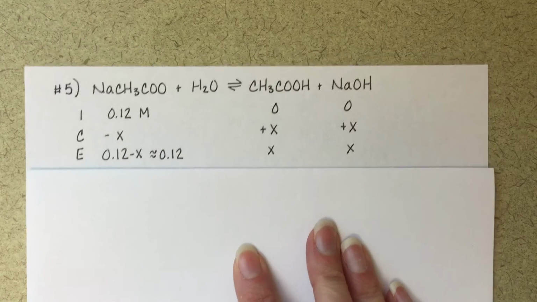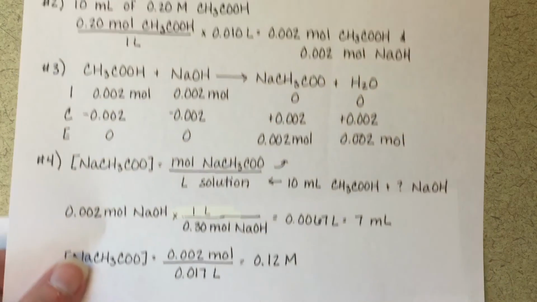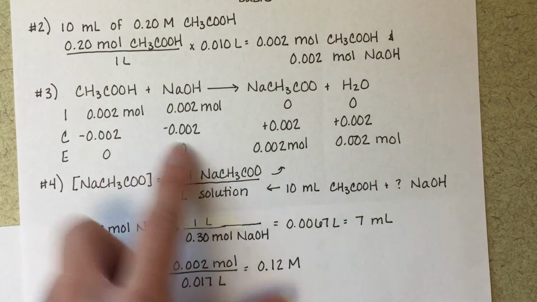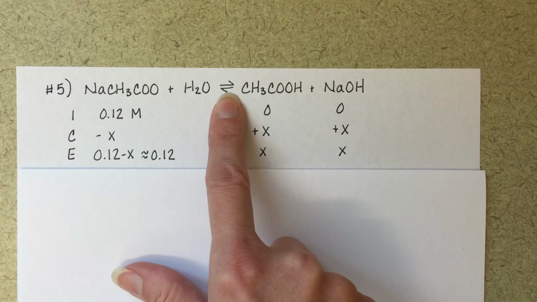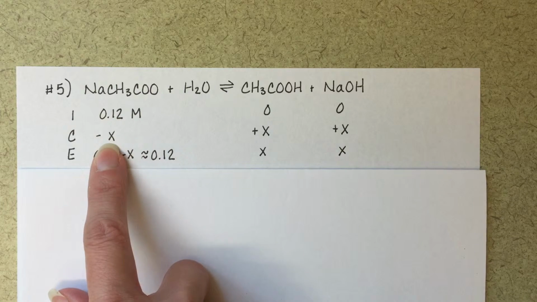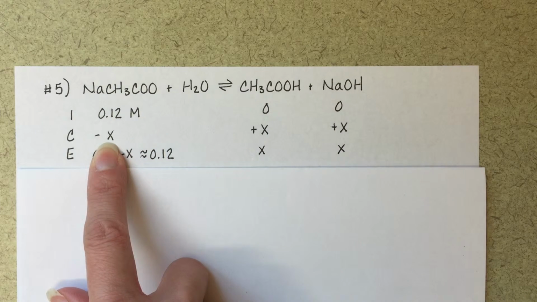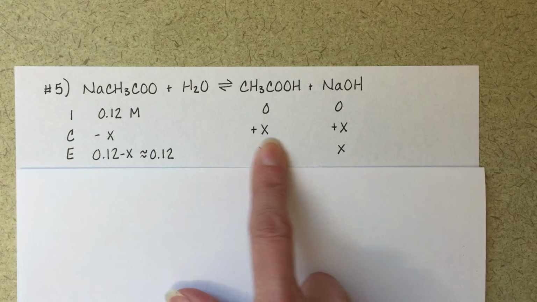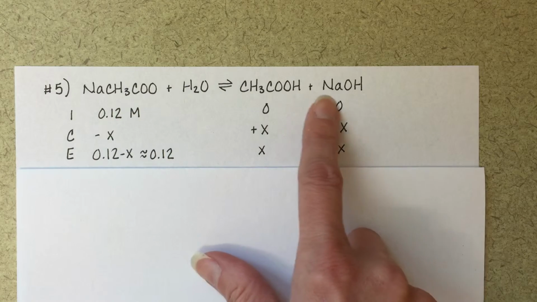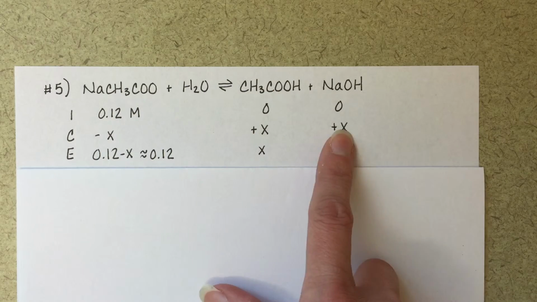They were reacted all the way down to nothing, which we calculated in this ice table in step 3. Because this is an equilibrium reaction, we don't know exactly how much of the sodium acetate is reacting, so we're going to use X here, minus X. And we're going to be adding X, sodium hydroxide, and acetic acid to the products.